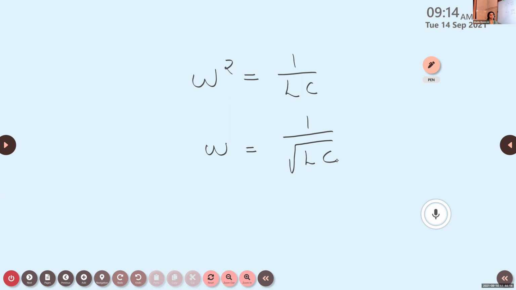As we said earlier, there is a relation between angular frequency and linear frequency, given by omega is equal to 2 pi f. So we can equate these two equations, and we get 2 pi f is equal to 1 by root of LC.